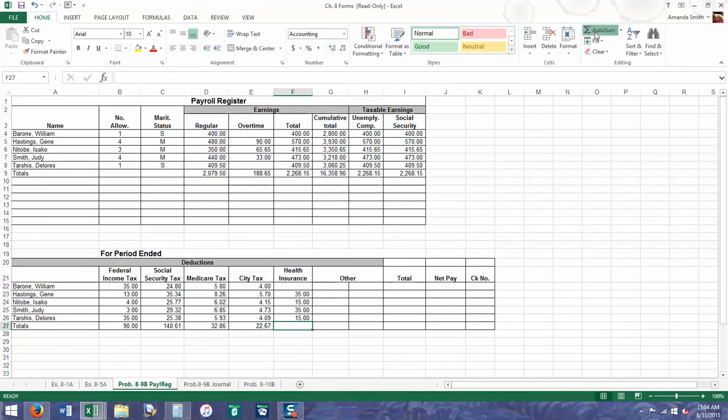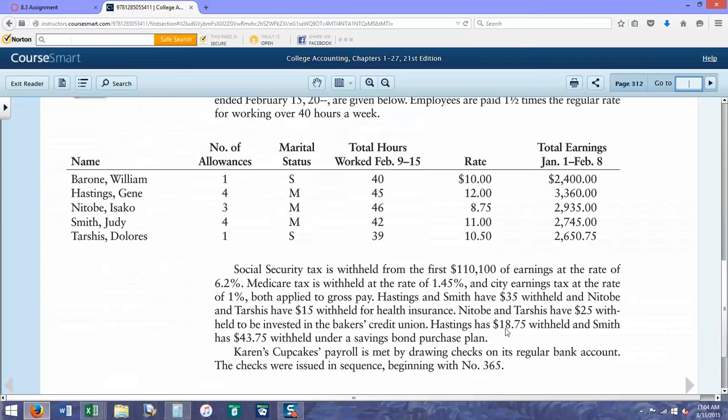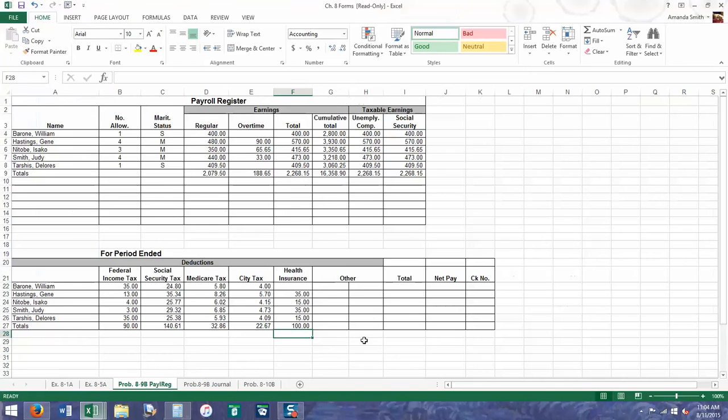Again, we're going to auto sum it. And then we are also told that Nitobe and Tarshish have $15 withheld to be invested in the credit union. 25 for credit union. So 25 and 25.